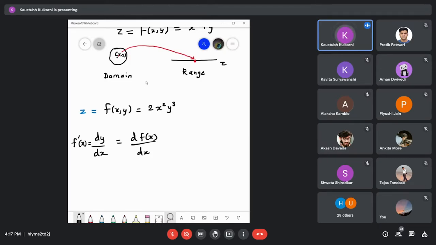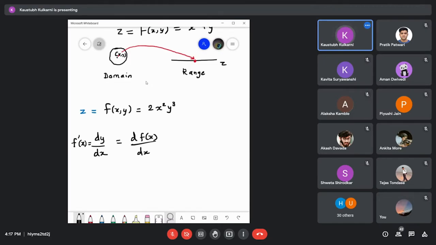Let's say z is equal to f(x, y), and the change in x is not the same as the change in y, or we only want to measure the rate of change of f when only x changes or when only y changes. For that we require partial derivatives.